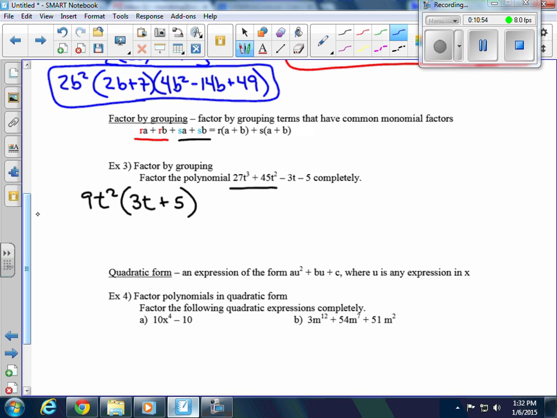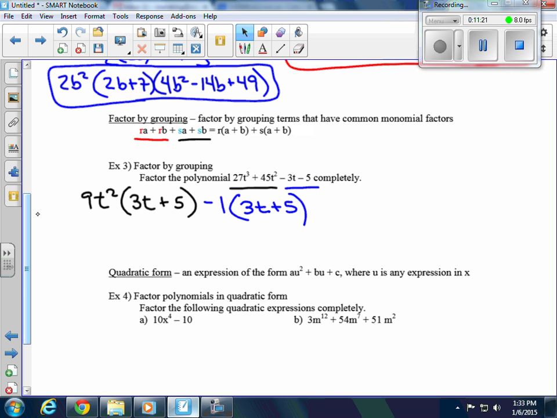Now I'm going to factor these second two. And when we do this, the term that we get in the middle, or in parentheses, should be the same. If you factor by grouping, they will always be the same. So to make that happen, I'm going to factor out a negative 1. And if I take out a negative 1, now I have a 3t plus 5.